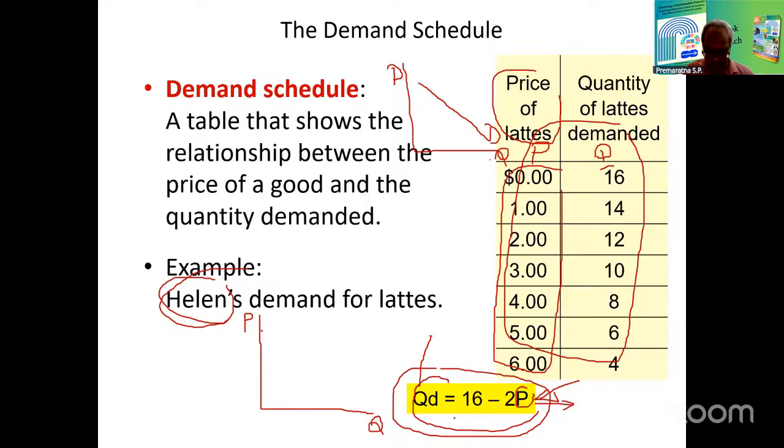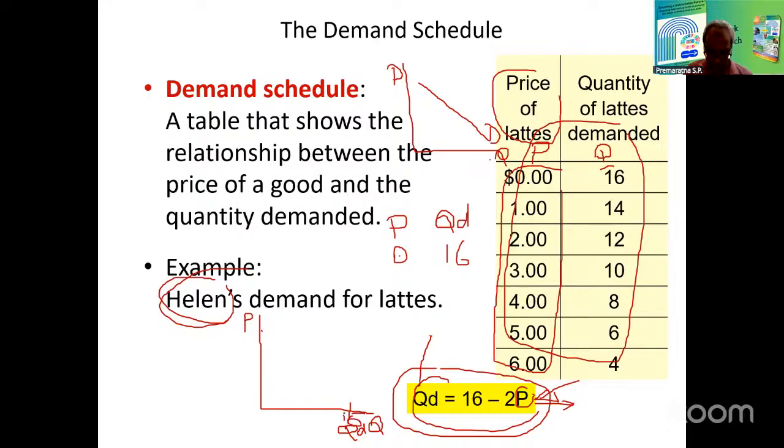Since it is a linear function, an easy way is to take P equals 0, then you can directly get QD. This you can only do in the case of linear functions, and the answer you get is 60, which means that when P becomes 0, the quantity becomes 60.